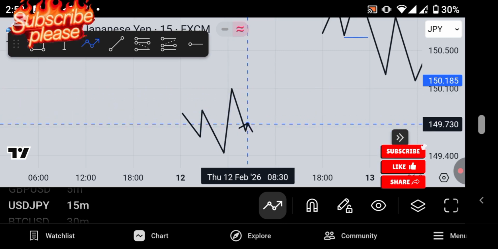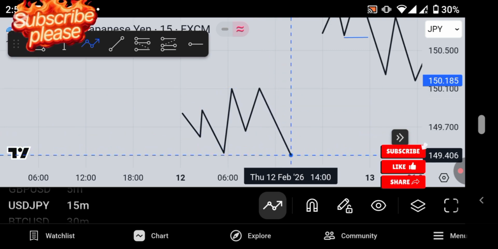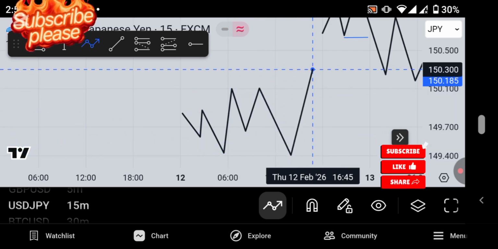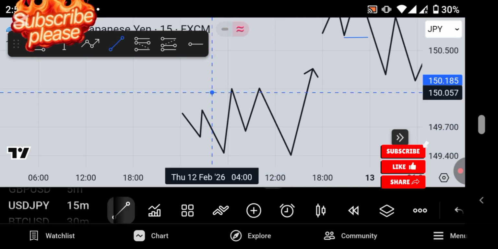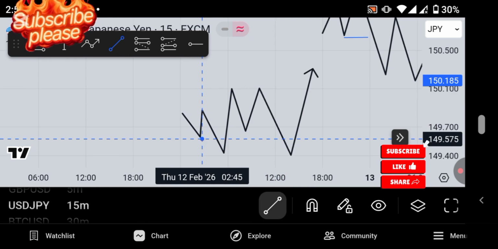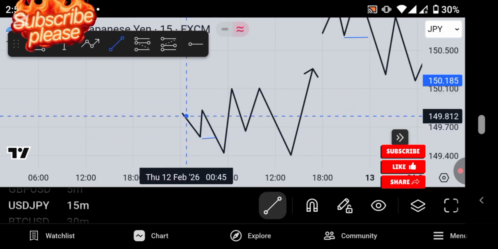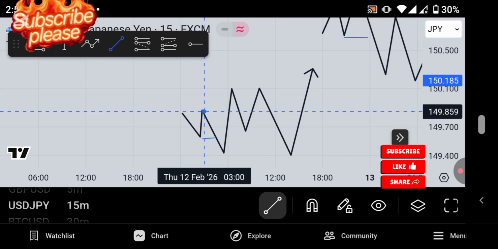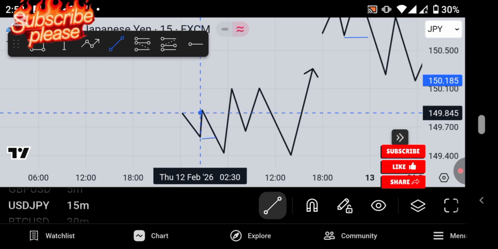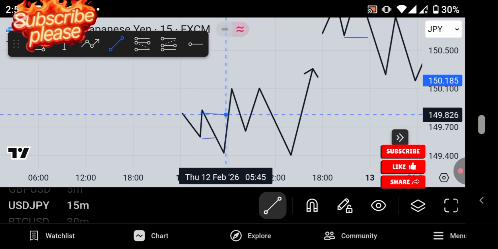And why is this a high probability point of interest? One, we have the sweep of liquidity. Two, we have a break of structure.